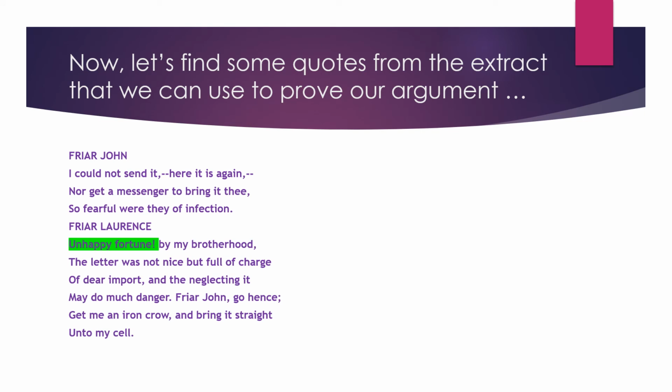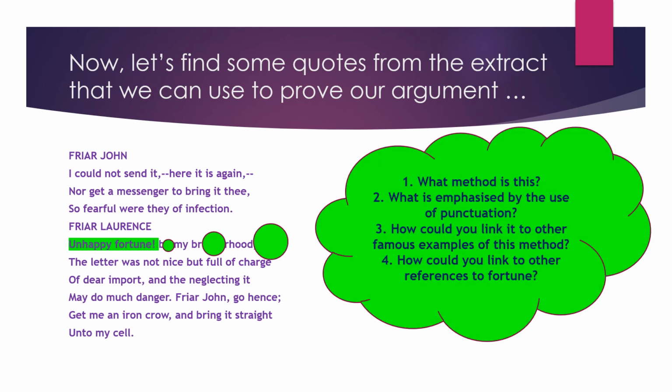The next thing I'd like you to look at is "unhappy fortune," exclamation mark. So if you could please highlight that, and I'd like you to form your annotations in response to these four questions. So firstly, what method is this, "unhappy fortune"? Secondly, what's emphasised by the use of punctuation?